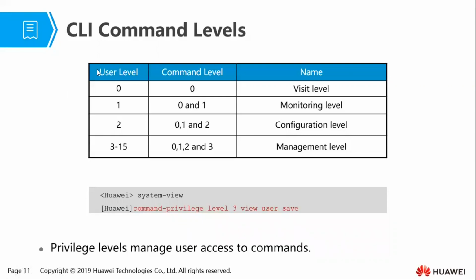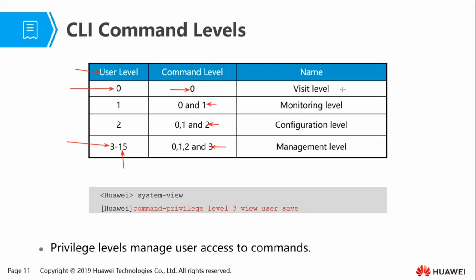The user levels range from level 0 all the way to level 3, which can also be extended to level 15. From 3 to 15 is actually the same user level. Then the command levels: we have command level 0, command level 1, command level 2, and command level 3. That's from 0 to 3.